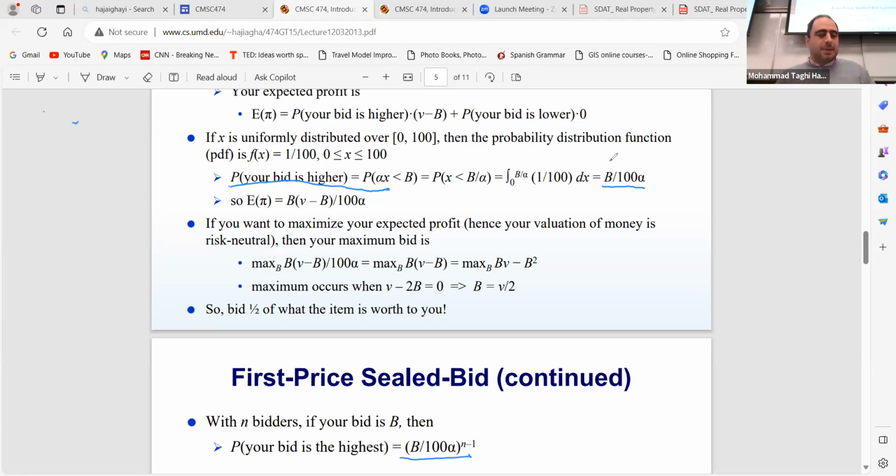This is not the formal math, just some intuition. If we consider alpha as some kind of average, or all bidders doing the same alpha bid shading, this gives you some idea of what will happen if alpha is the same for all of them.